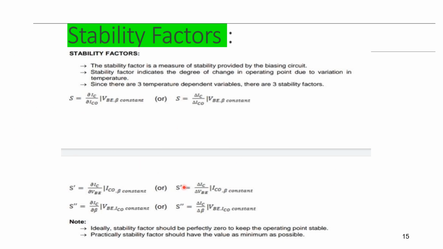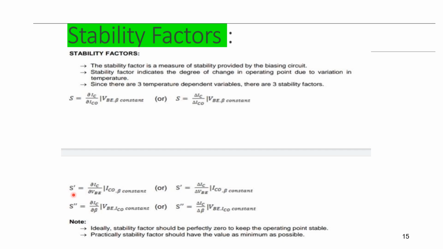Here we have three stability factors because of three parameters: VBE, IC naught, and beta. The stability factor S is the rate of change of collector current with respect to IC naught, while VBE and beta are constant, the remaining two parameters being constant. That is, how much the collector current changes by changing the reverse saturation current IC naught.